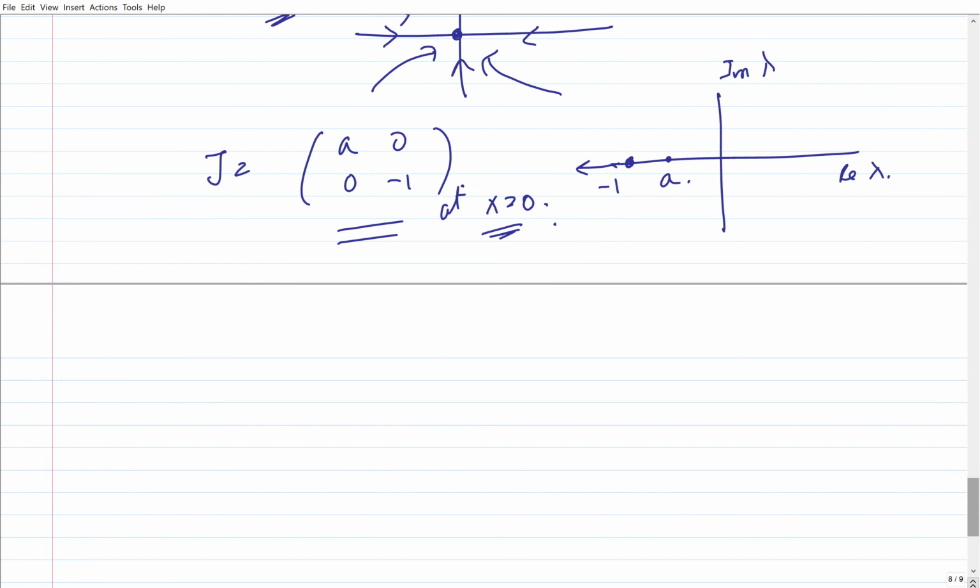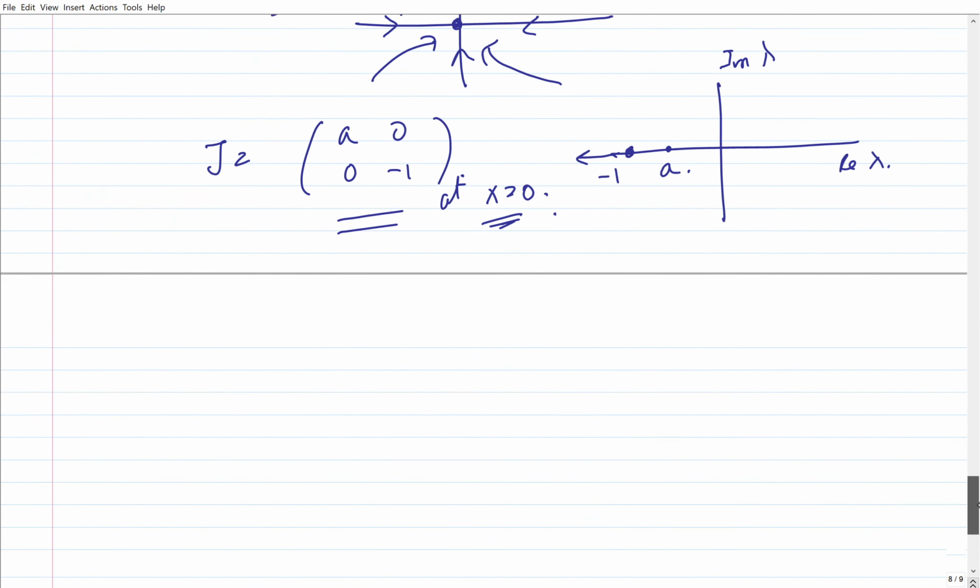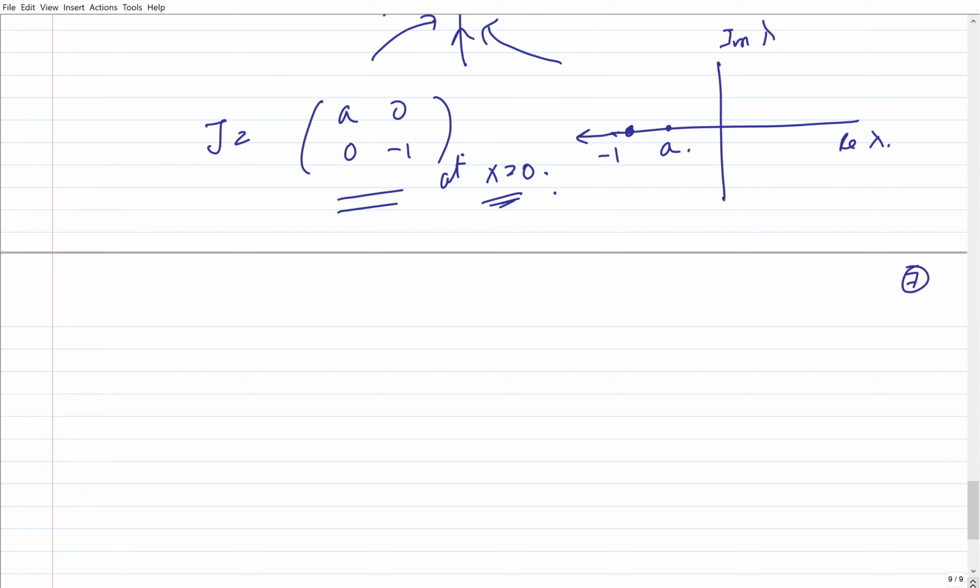And as I approach 0 for the parameter a, basically journeying over here, two fixed points are about to be formed.